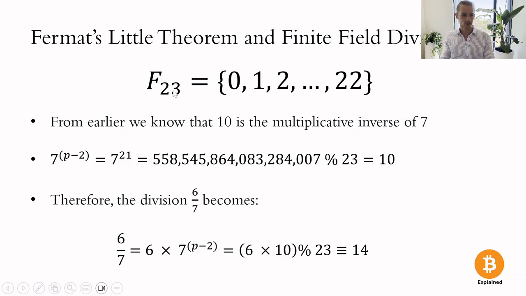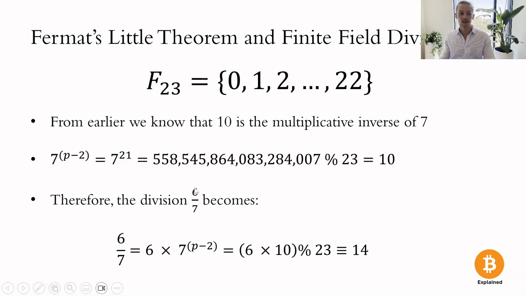Remember, p is equal to 23, so this is 7 to the power of 21. Now that's equal to this really large integer value here. But again, because we're operating in a finite field of order 23, we do a modulo 23, which leaves a remainder of 10. So this really large integer value here in the finite field of 23 is congruent to the number 10, proving once again that the multiplicative inverse of 7 is equal to 10.